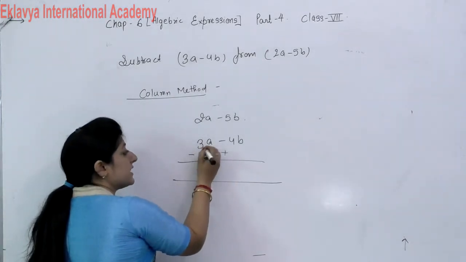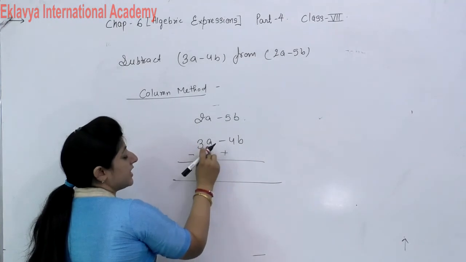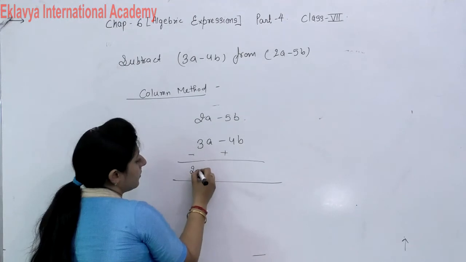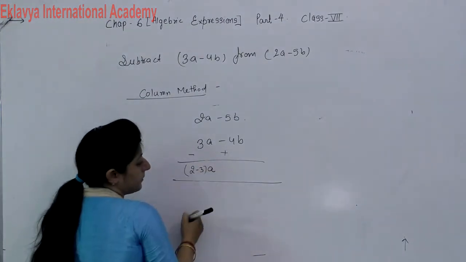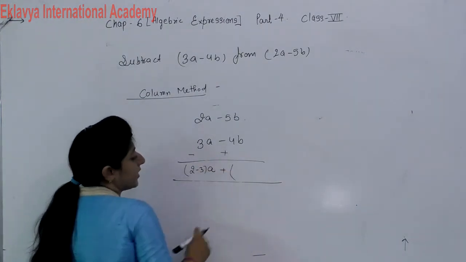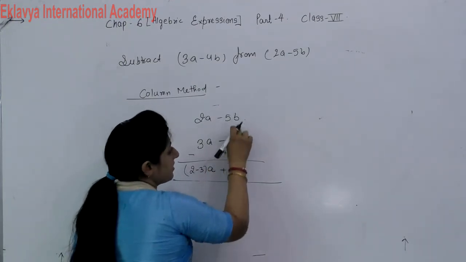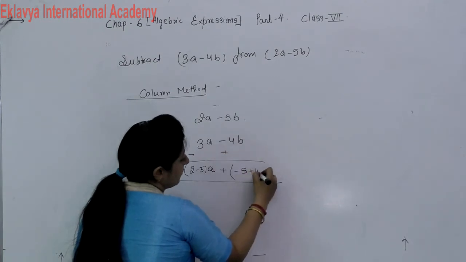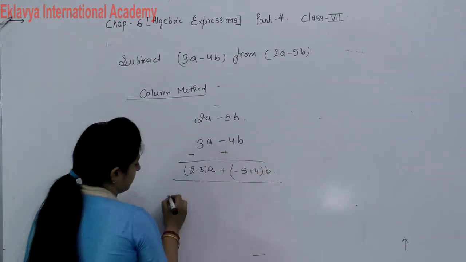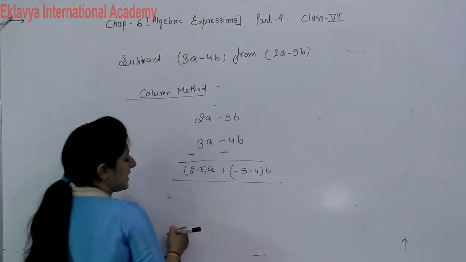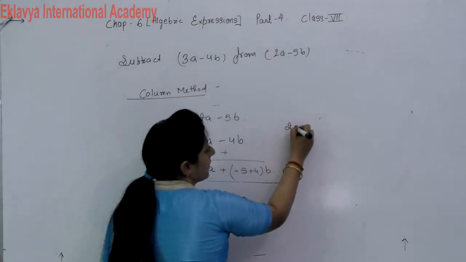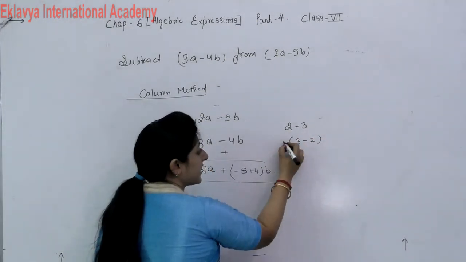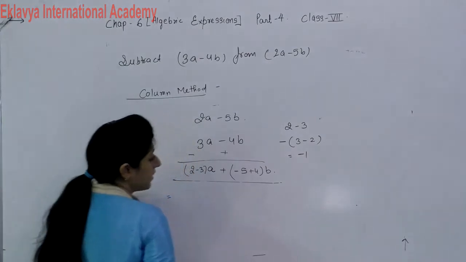Now we will consider this sign, 2a minus 3a, it means a, same term, so we write down 2 minus 3 into a, plus, this is the same term, minus 5, and this sign is plus 4 into b. 2 minus 3, then obviously 3 minus 2, but negative sign is with this, then we get minus 1.